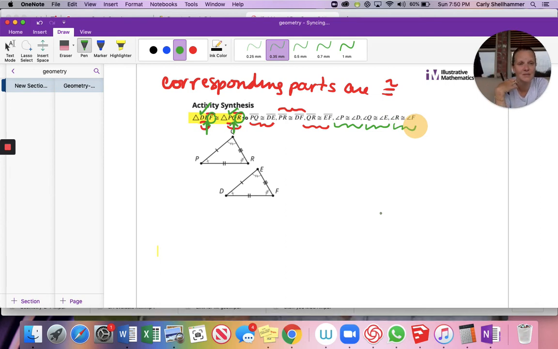I can do the same thing with the triangles. If we look at this triangle, PQR and DEF, P is in the same spot as D. Q is in the same spot as E, R is in the same spot as F. And notice how we show those. Single tick, double tick, triple tick.